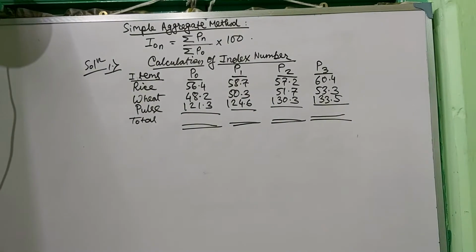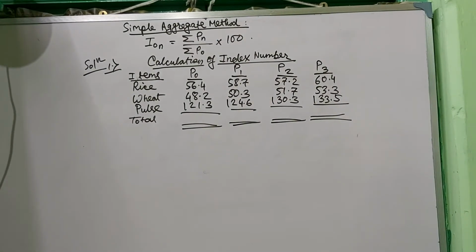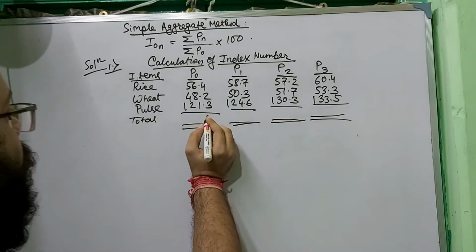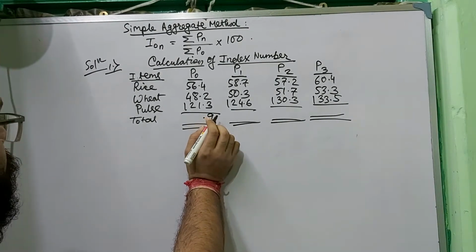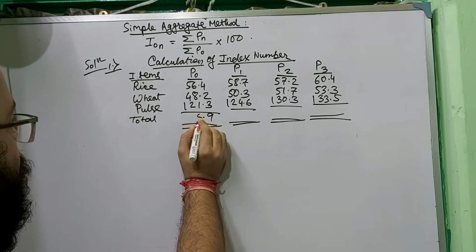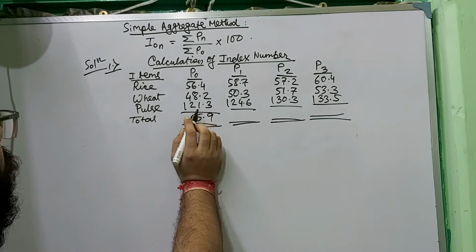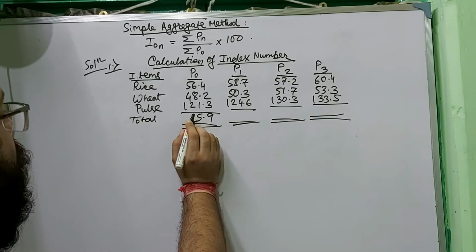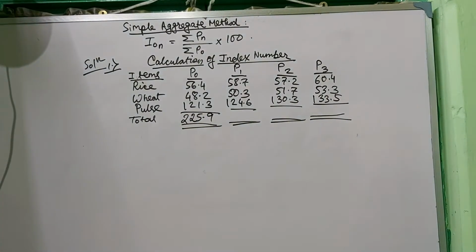You can easily calculate, right? The base year total is 225.9.